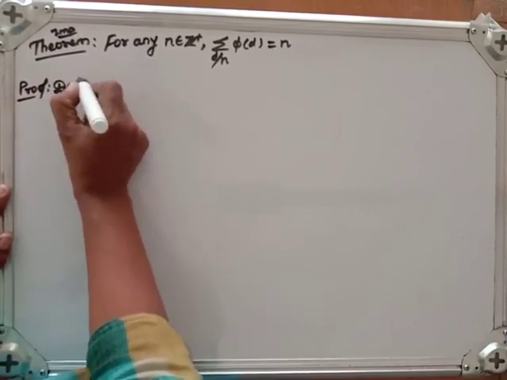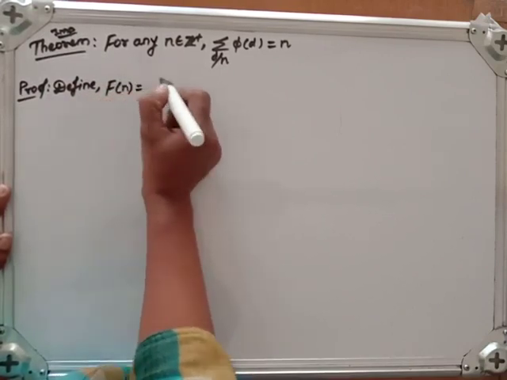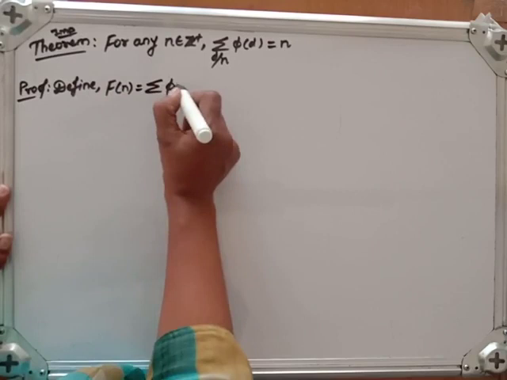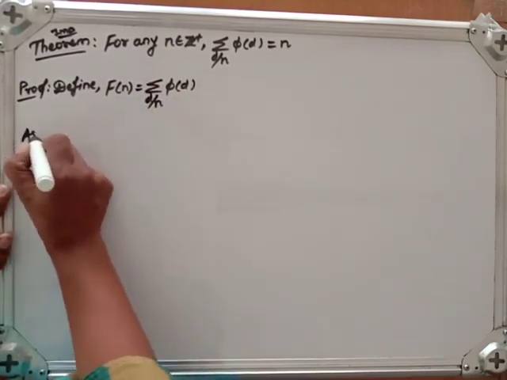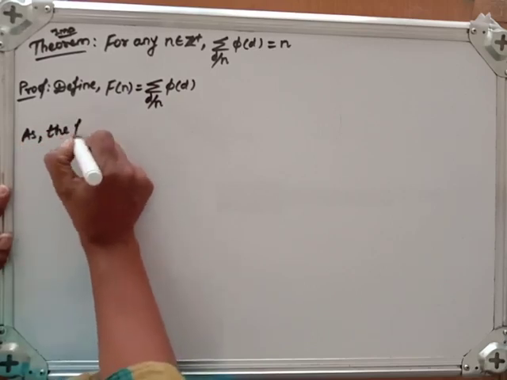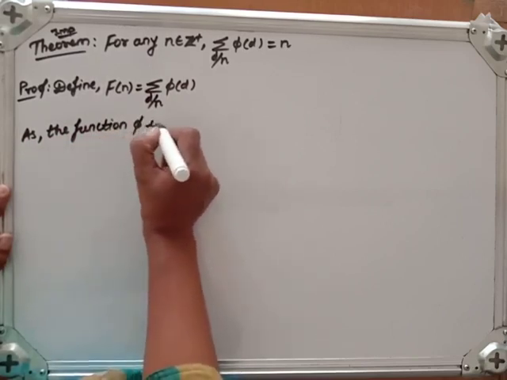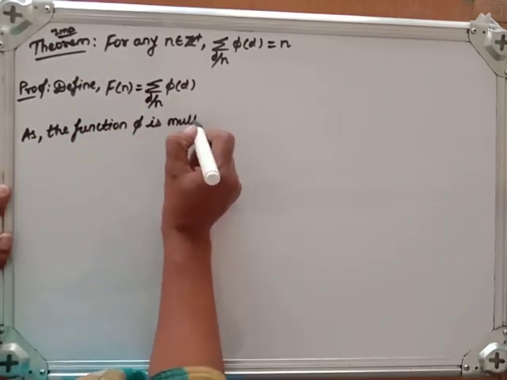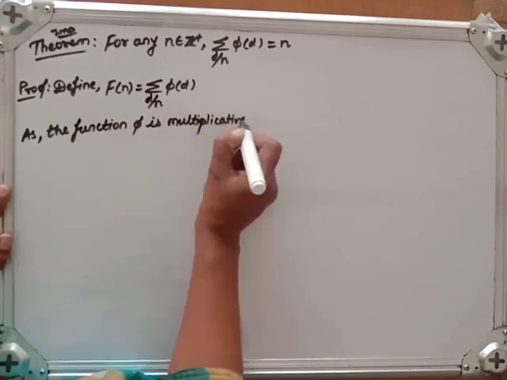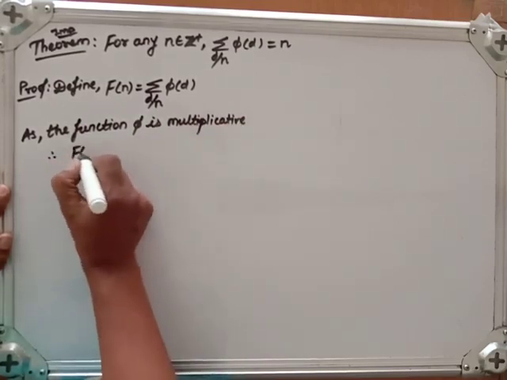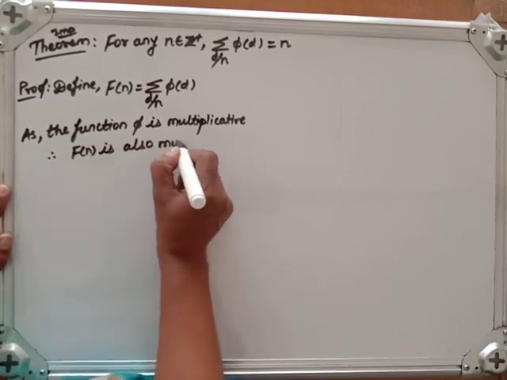So proof: define capital F of n is equal to summation phi of d where d divides n. As the function phi is multiplicative, therefore capital F of n is also multiplicative.